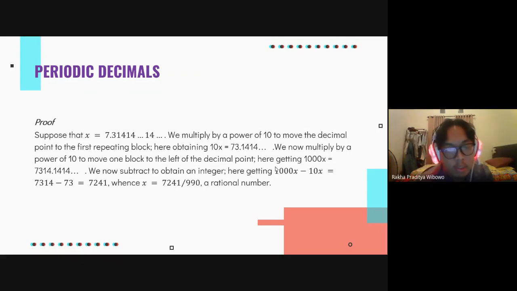Suppose that x equals 7.31414... We multiply by a power of 10 to move the decimal point to the first repeating block, obtaining 10x equals 73.1414... We now multiply by a power of 10 to move one block to the left of the decimal point, getting 1000x equals 7314.1414... We now subtract to obtain an integer: 1000x minus 10x equals 7314 minus 73, which is 7241, so x equals 7241 over 990, a rational number.